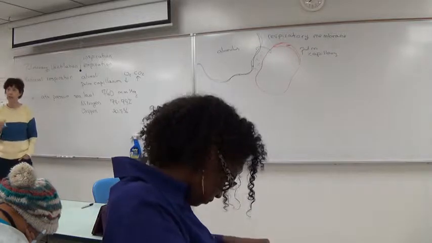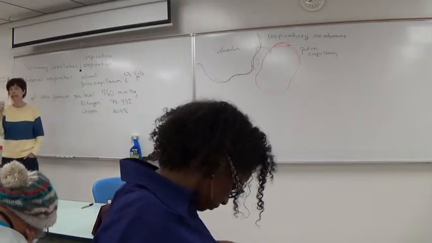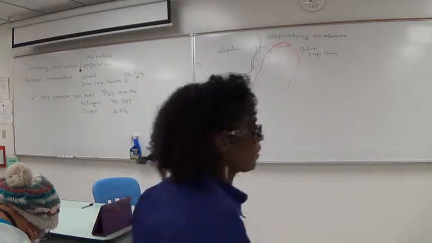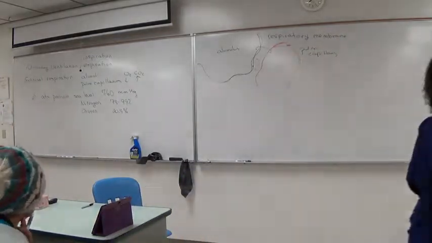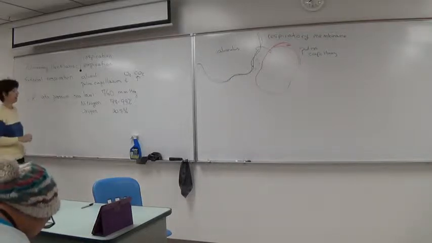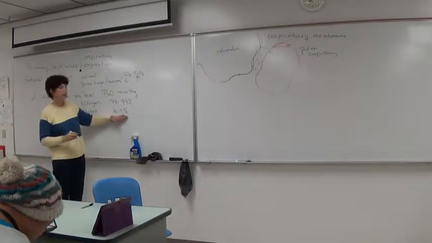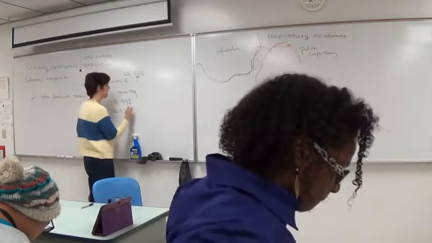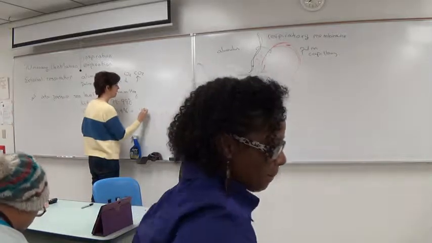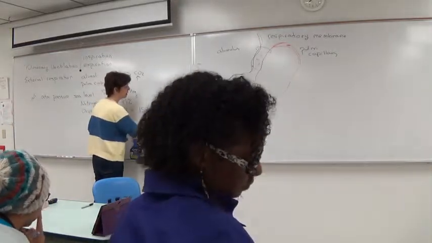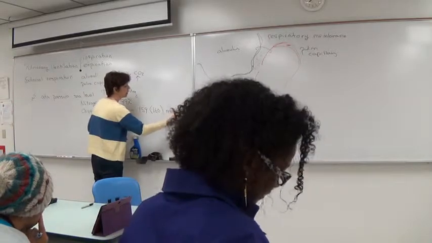This percentage, almost 21%, is going to stay the same no matter what elevation we go up and down, all right? So when atmospheric pressure is 760, then the amount of oxygen of that 760 is about 159, 158 point something, that we round up to 160 millimeters of mercury.